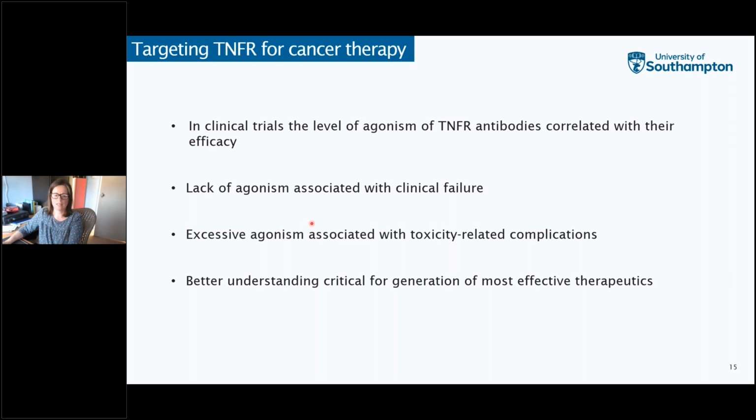And a lack of agonism is associated with clinical failure, but also excessive agonism produced toxicity-related complications. So it's clear that a better understanding of the molecular features that underlie differential TNFR agonism is critical for the generation of agonists with the desired level of activity we need to elicit therapeutic benefit.